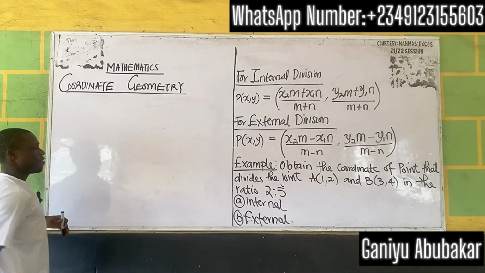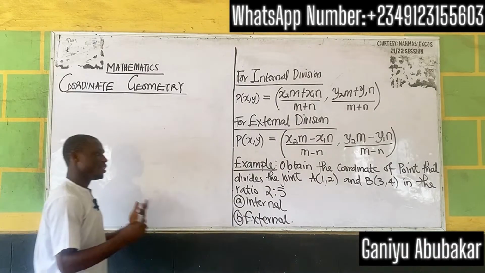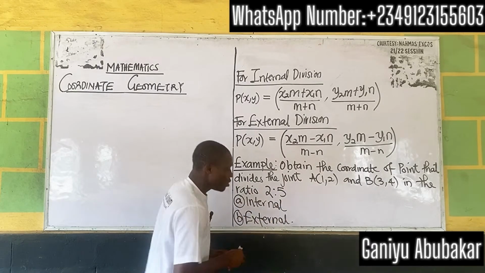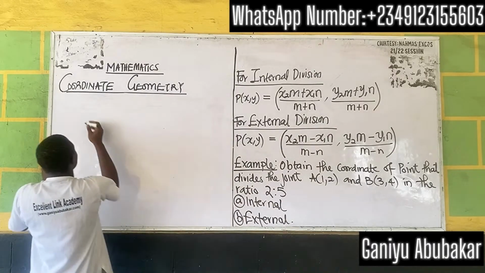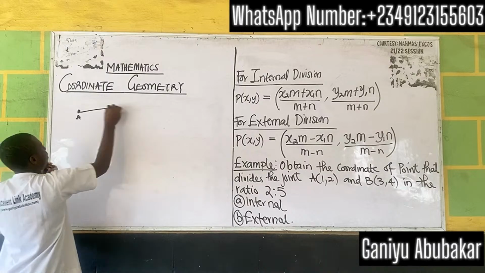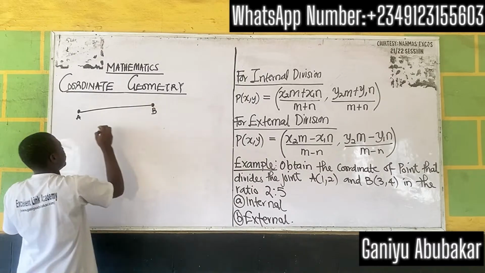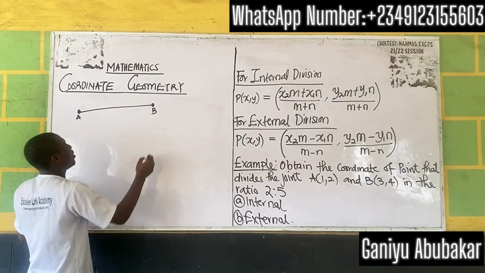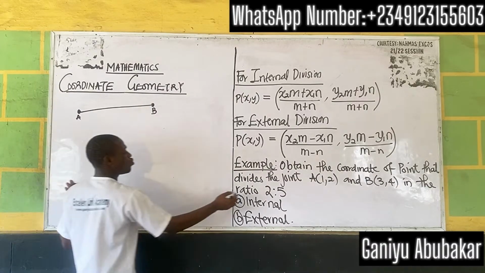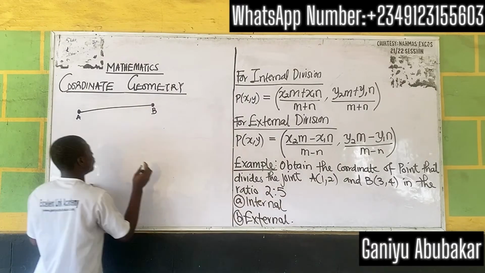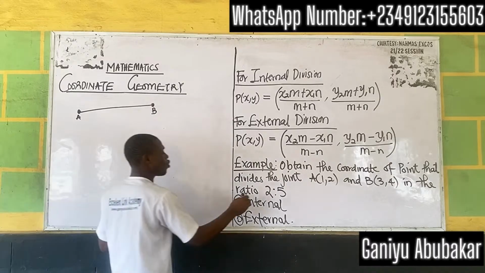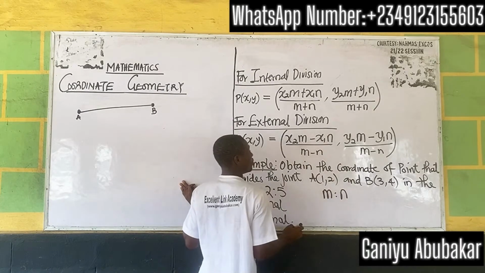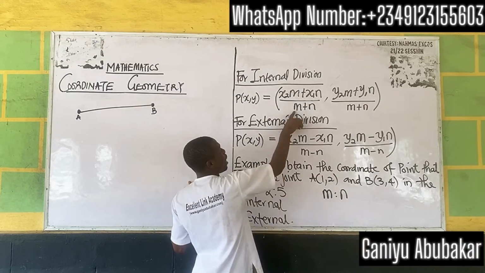All right, my very first task says it's easy. It says obtain the coordinate of the point. I'm given a point A and then B, and I'm told to obtain a point, and they gave me 2:5. For the ratio concept, it is m:n, m before n.